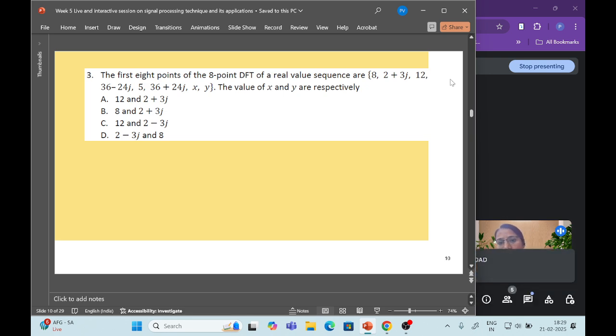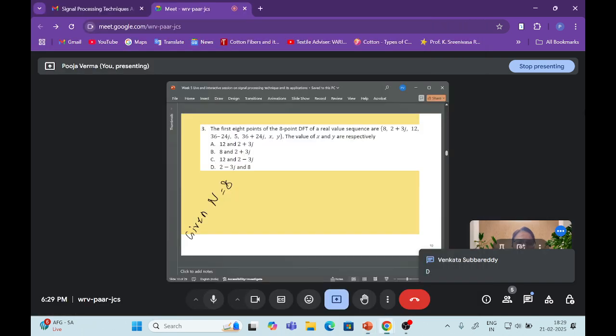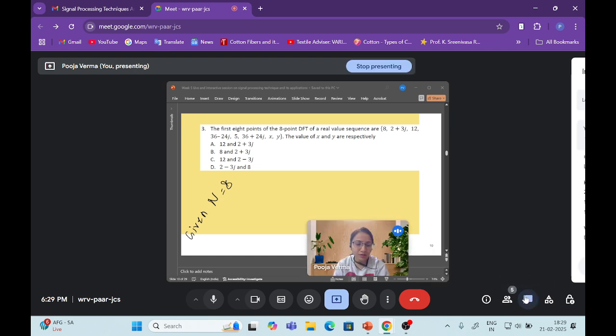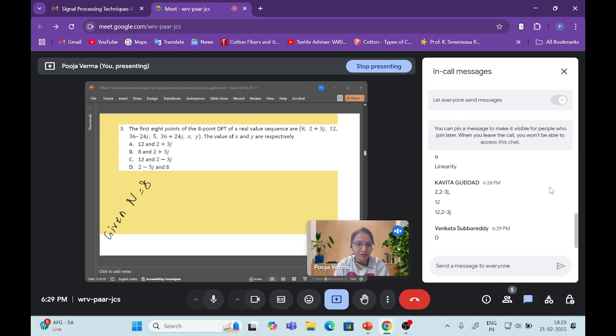Here it is already given that it is an 8-point DFT, that means n is equal to 8. Option D. Okay, let's see. We will solve it.